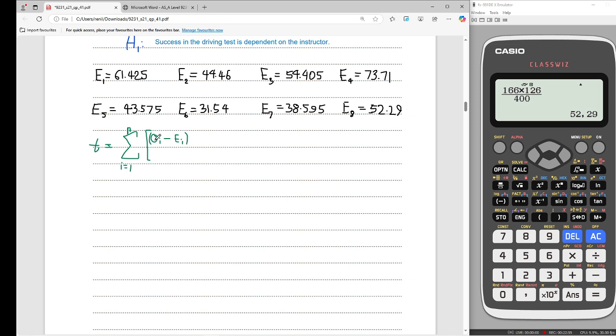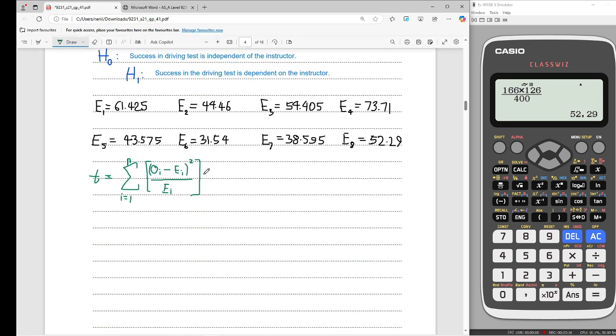So we find the difference between the observed and expected value, we square that difference, and we divide it by our expected value I. Okay, so this formula is going to be the one that we use to calculate the test statistic.